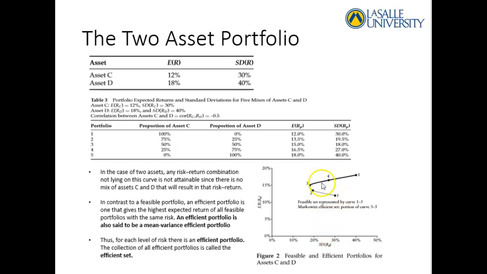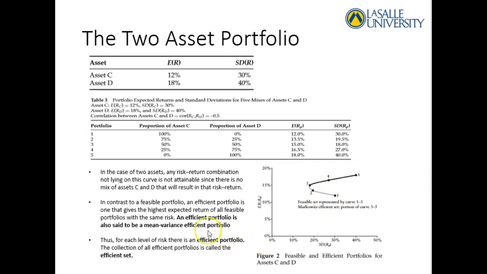So we can see that portfolio 4 is definitely superior to portfolio 1 because of the risk-return trade-off. In the same way, portfolio 3 has a lower risk, but it has a higher return than both portfolio 2 and portfolio 1. And if you look at portfolio 5, although the risk is high, the return is also the highest amongst all of the 5 portfolios that you see here.